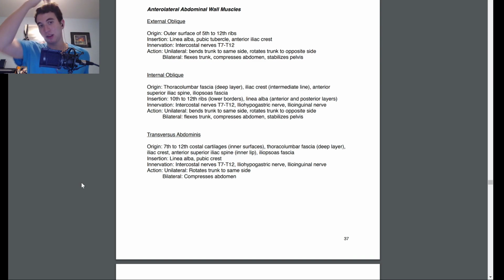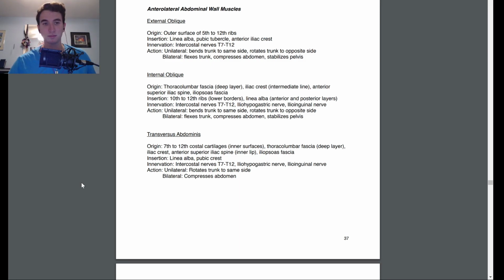Inserts at the linea alba and the pubic crest. Innervation is caused by the intercostal nerves T7 to T12, iliohypogastric nerve, and the ilioinguinal nerve. Actions are, unilaterally, it rotates the trunk to the same side, and bilaterally, it compresses the abdomen.